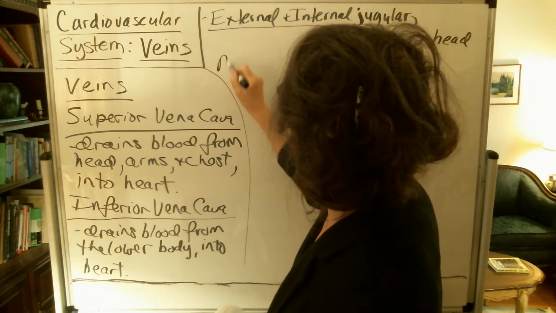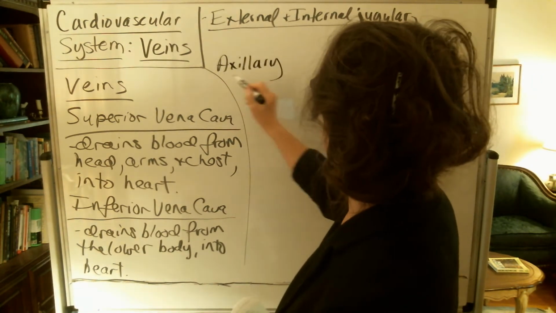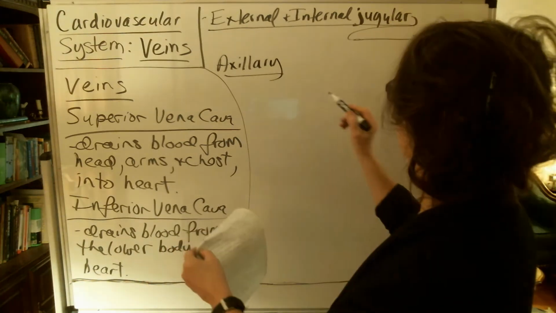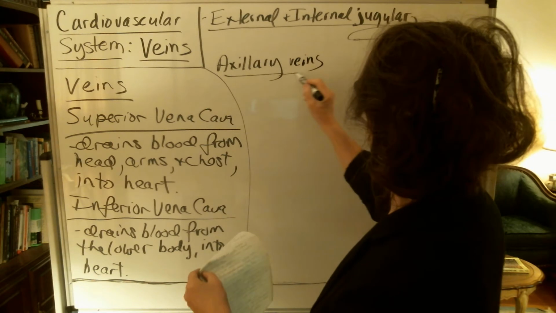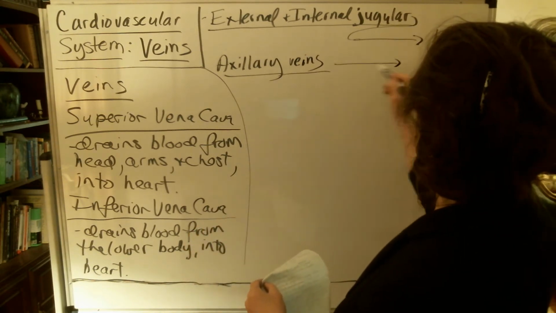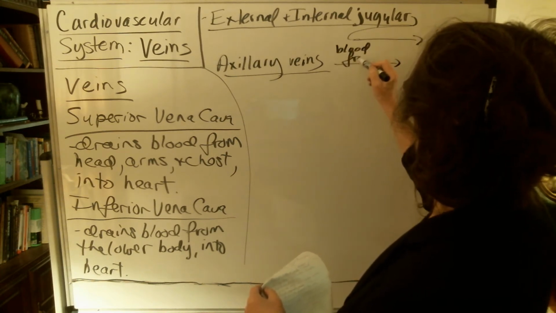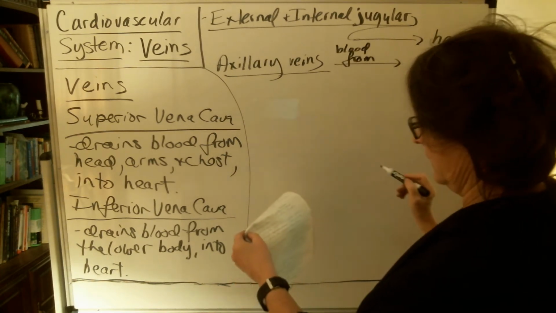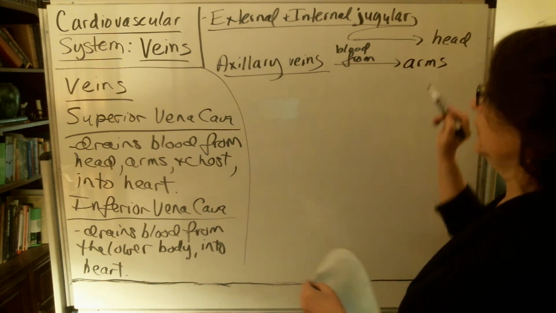And then we have our axillary veins. And these then bring blood from, this is also blood from here, your arms.